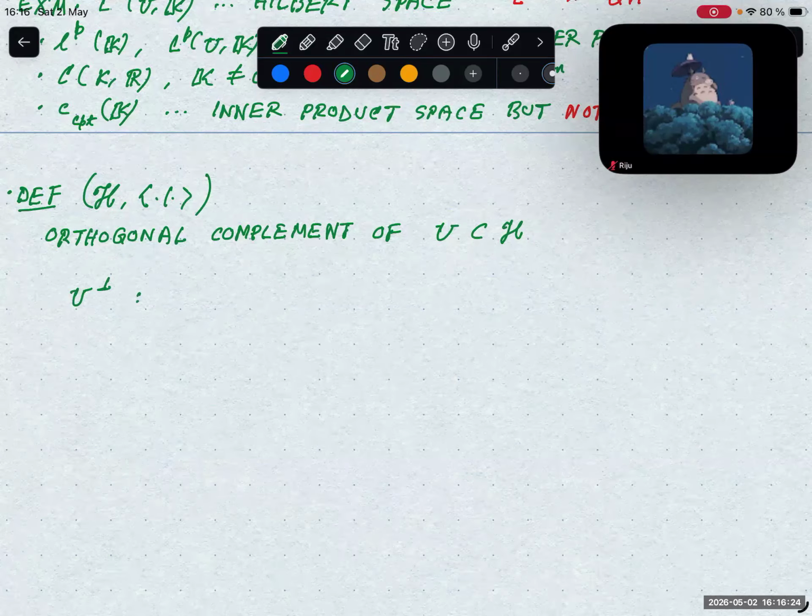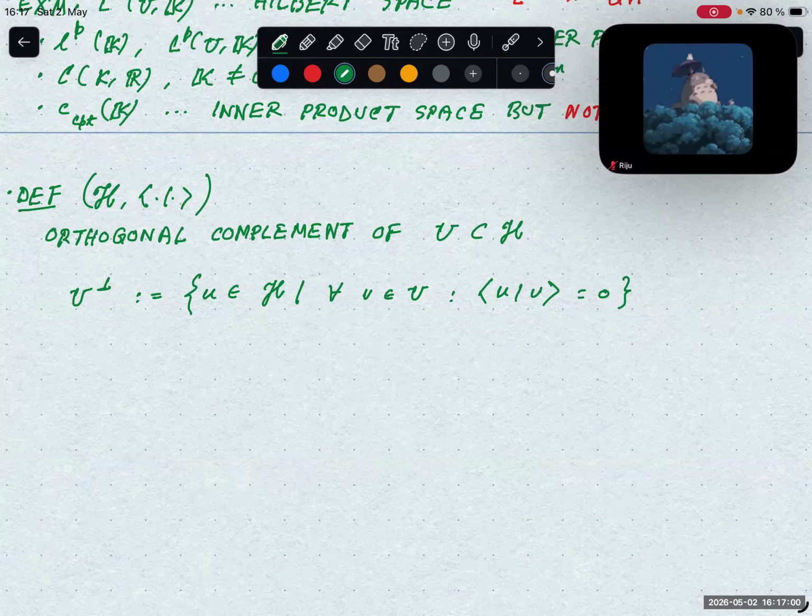U perpendicular is the set of elements of the Hilbert space such that if you take the inner product of the vector with any element in U, then this is 0. So those who are familiar with linear algebra have the notion of perpendicular, right?